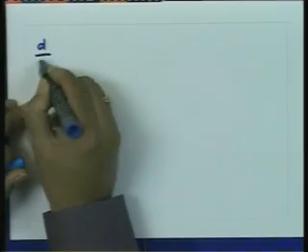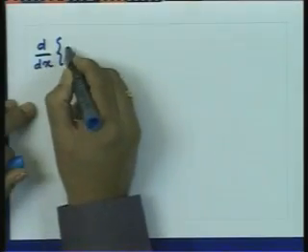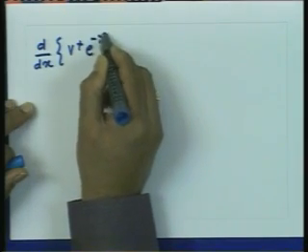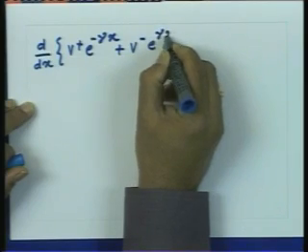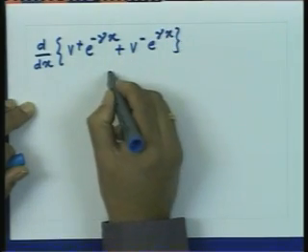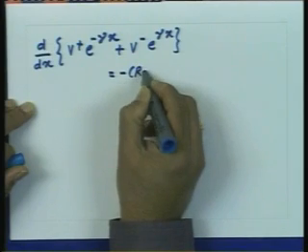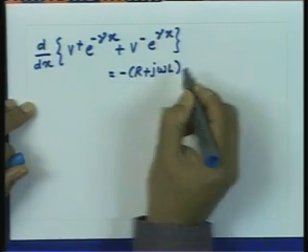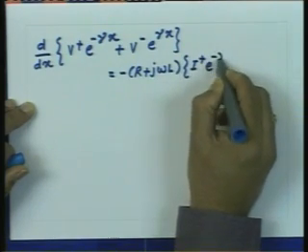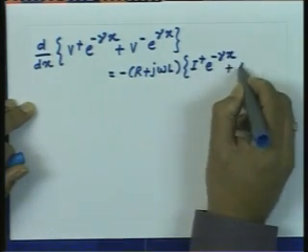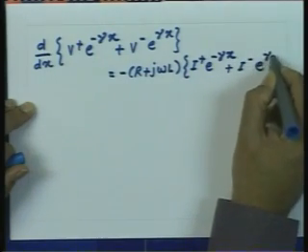Let us do that. Substituting for V and I expressions for the general voltage solution, I get d by dx of V plus e to the power minus gamma x plus V minus e to the power plus gamma x, that is equal to minus (r plus j omega L) into I plus e to the power minus gamma x plus I minus e to the power gamma x.